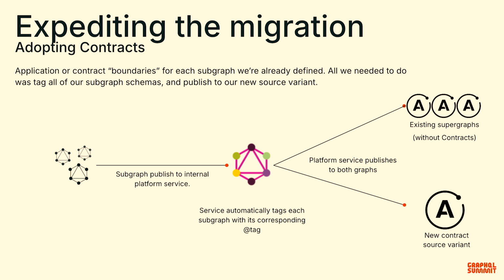It's really just confirming that our schema stayed the same from when it was in our old graph and in our new contract graph, right? And that was just easy, just verifying that they're semantically the same, and then switching the variants in router, and that was it. So that's how easy it was for us to adopt contracts, right? No matter what stage of GraphQL or federation you're in, it's not too late.